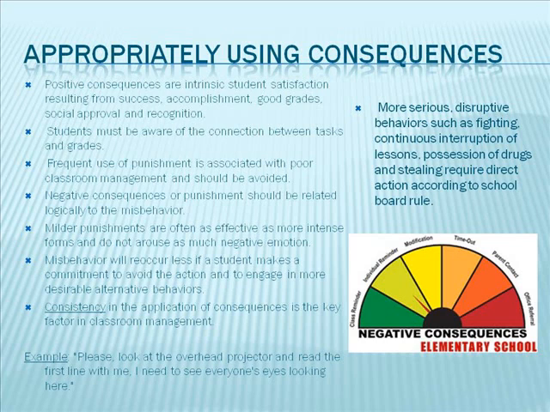Anything from silent lunch, being sent to the office, or parent contact. More serious disruptive behaviors such as fighting, continuous interruption of lessons, possession of drugs, and stealing require direct action according to school board rule. These sorts of behaviors aren't applicable to classroom management and really need to be handled by the school itself.